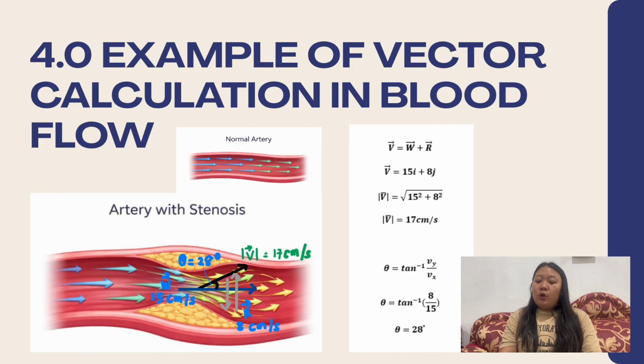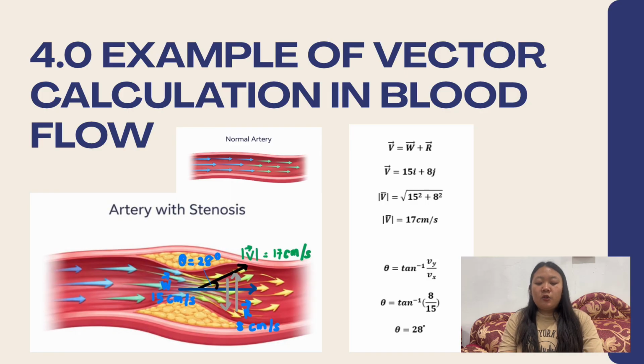But in order to find the resultant velocity V, we need to use the square root of 15 squared plus 8 squared, and then we will find 17 centimeter per second.